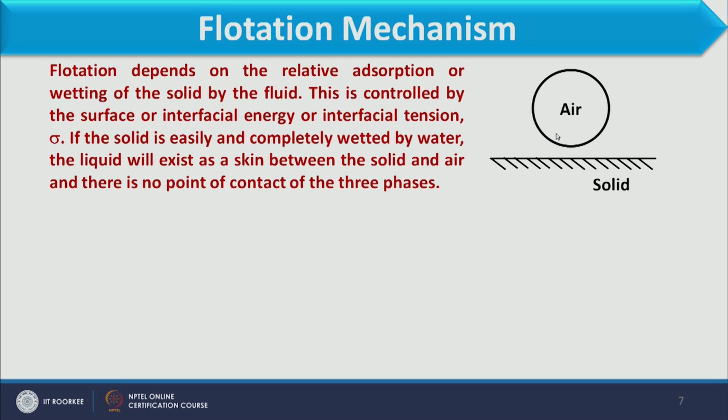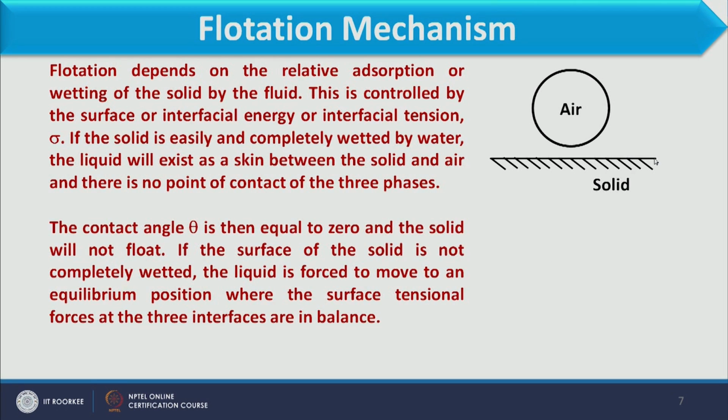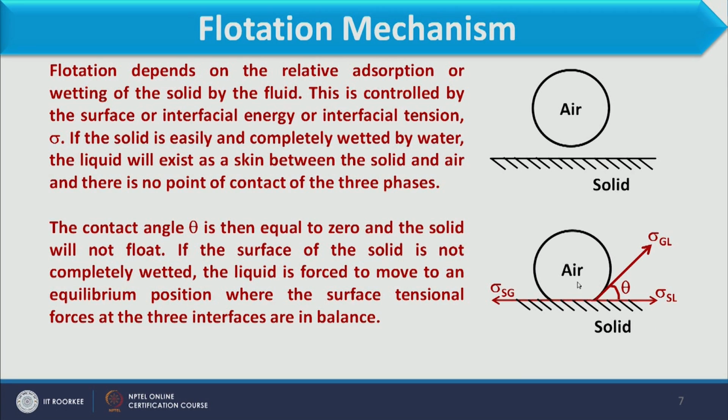In this case, where water is available between air and solid, we can say that the contact angle is 0, and once the contact angle is 0, the solid will not float. If the surface of the solid is not completely wetted, it means some portion is covered by the air bubble.